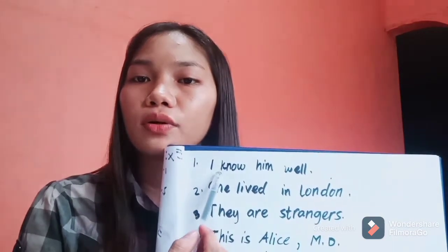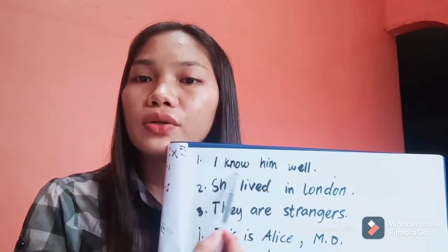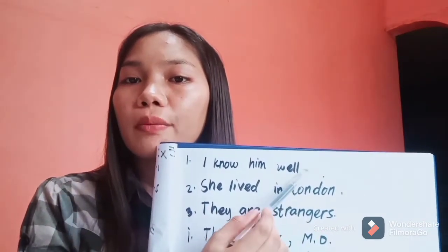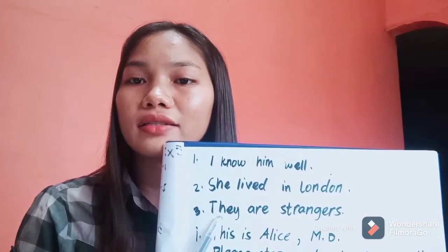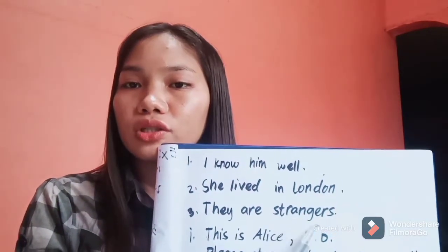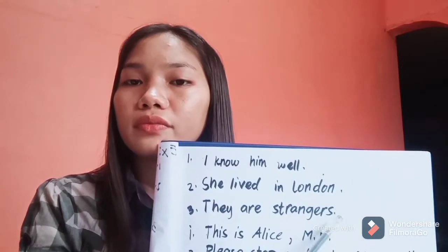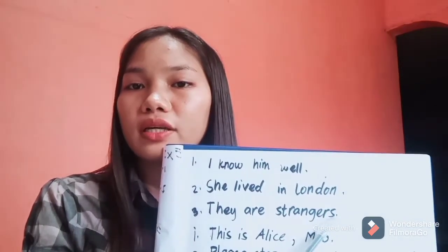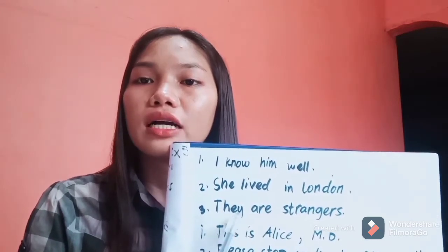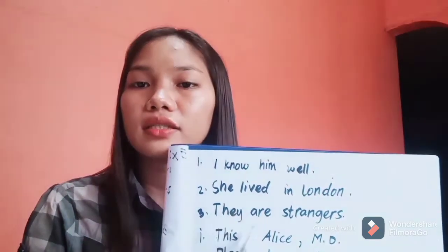Another example, I knew him well. I put the period. And then, they are strangers. I put the period because these examples are all complete sentences.